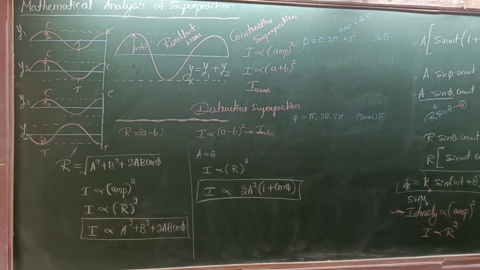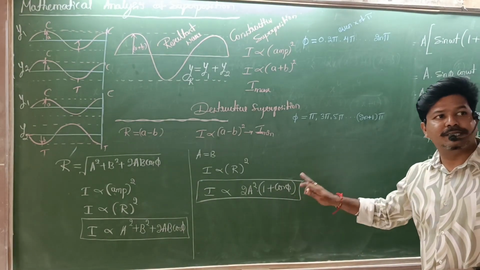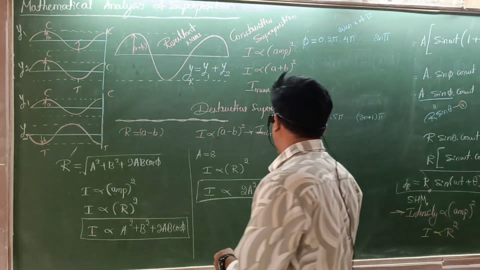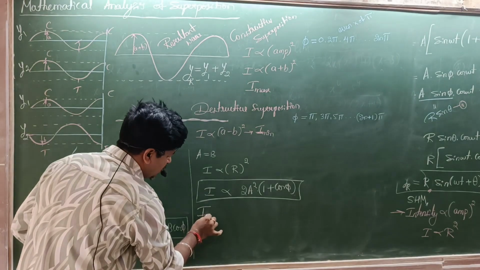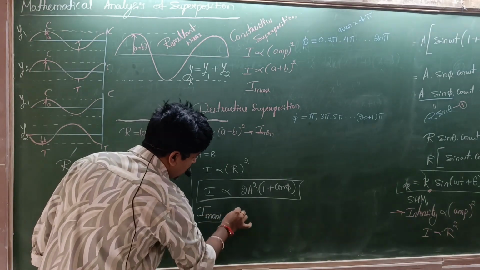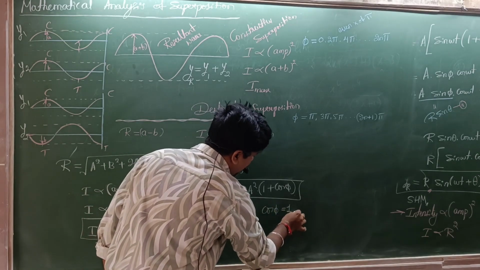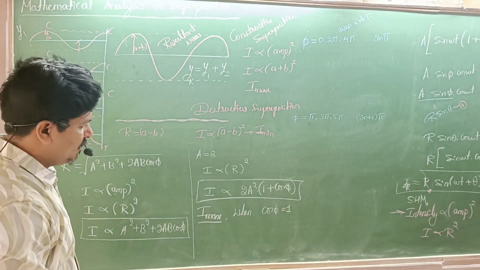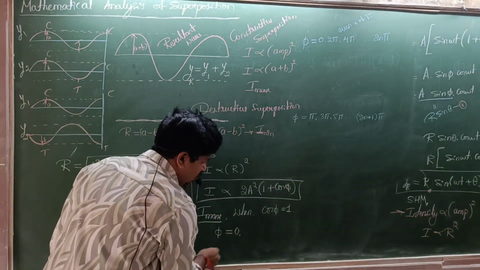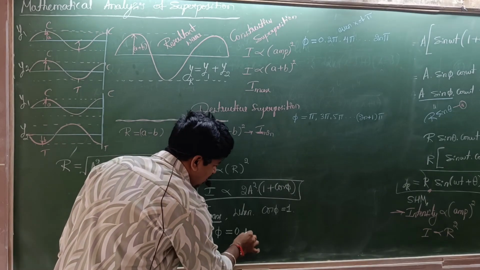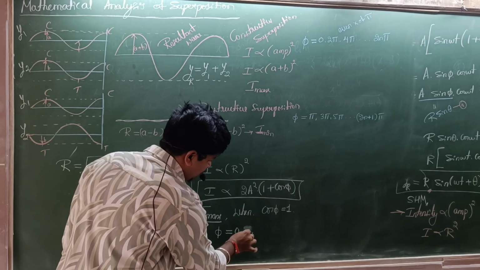0, next 180, next 360. So write below: intensity is maximum when cos phi value is equal to 1. To get cos phi value 1, the value of phi should be 0, next 2 pi.